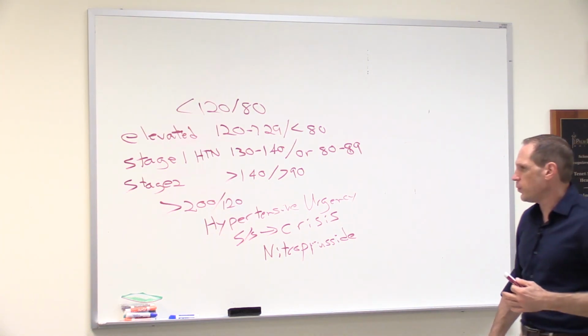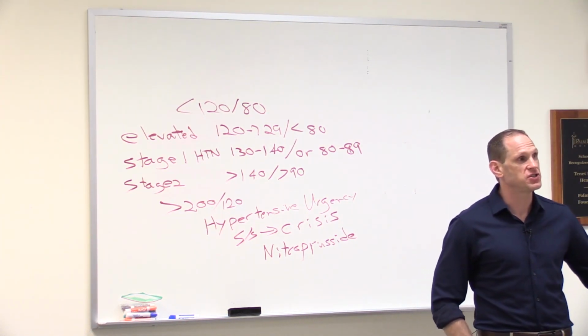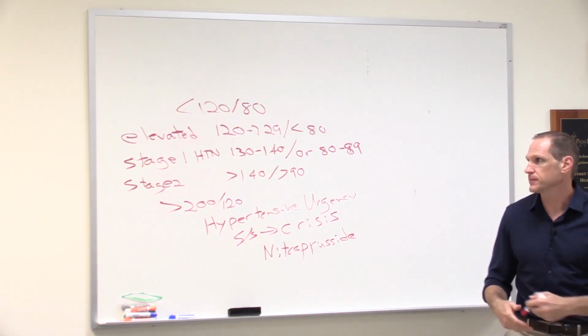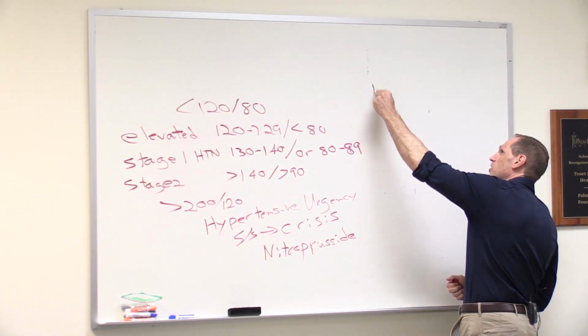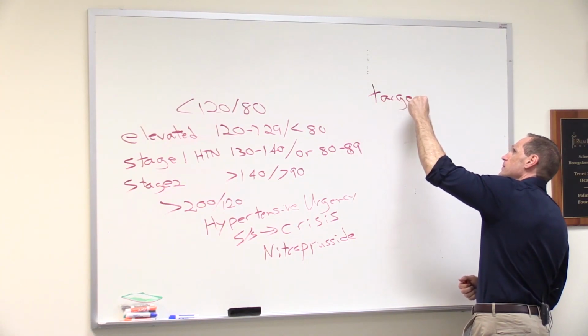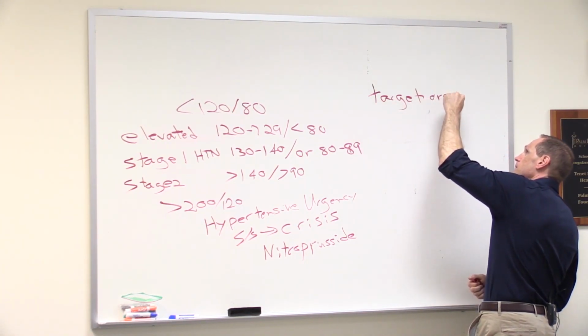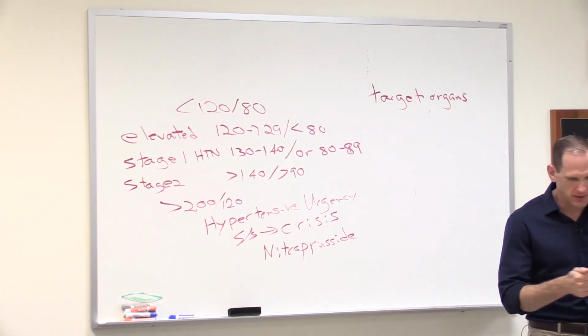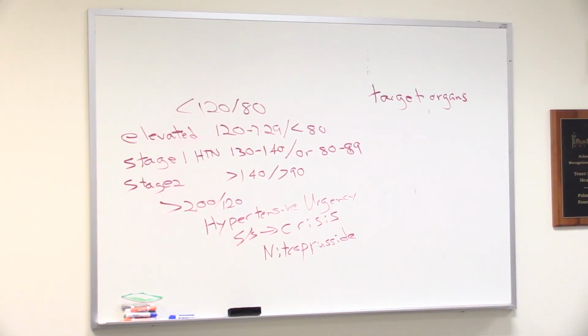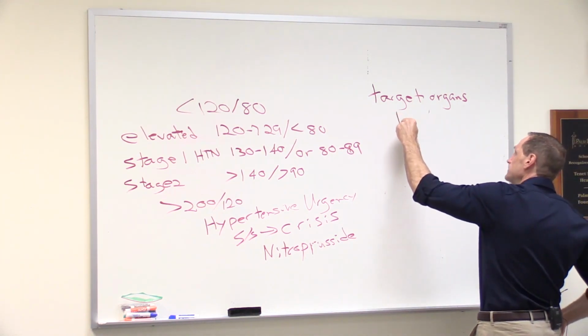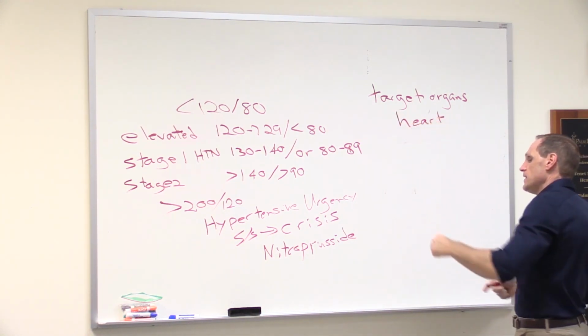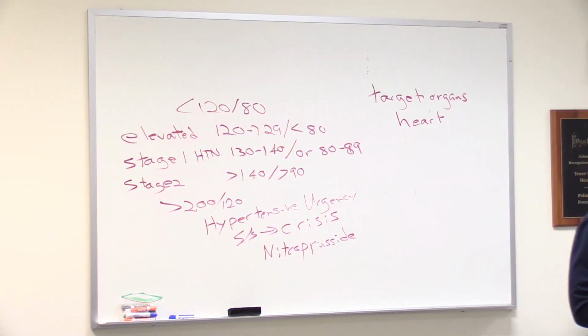Now, what organs are being damaged by high blood pressure? These are sometimes called target organs. What does high blood pressure do to your organs? Which organs does it hurt? Okay, it hurts the heart. Now, if you want to make a muscle big, what do you do?